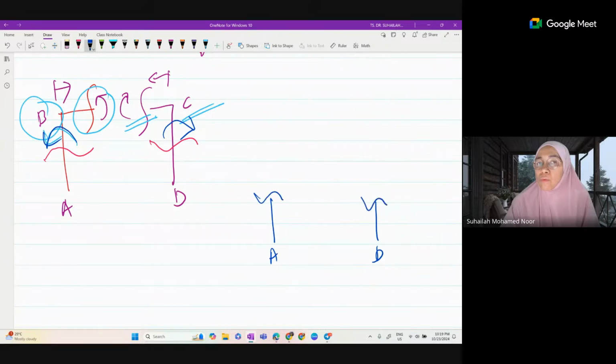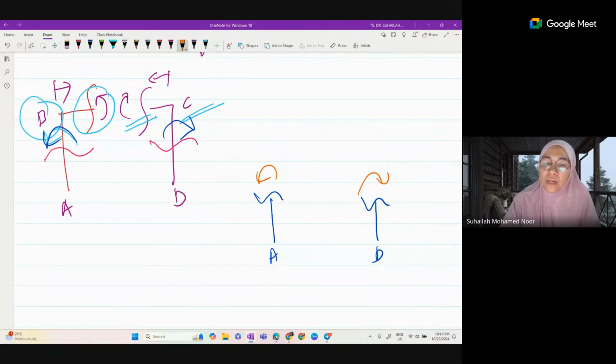Nampak sama bentuk dia kan? But moment equation for AB and CD is not same. Moment equation for AB is counterclockwise, and for CD is clockwise.